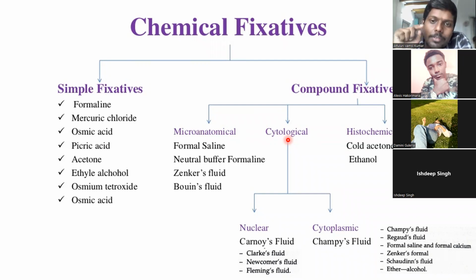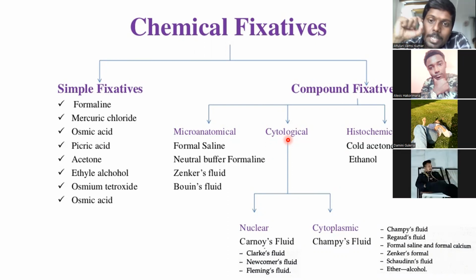To be precise, we need to use nuclear fixatives, which preserve the nucleus and the chromosomes of the cell. A few nuclear fixatives are Carnoy's fluid, Clarke's fluid, Newcomer's fluid, and Flemming's fluid.